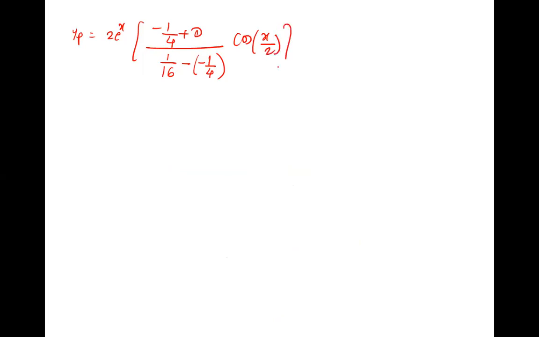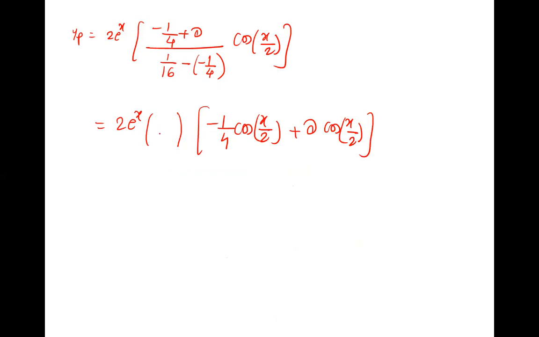Let's see how much the term comes to: 1 by 16 plus 1 by 4. Write that term here, into minus 1 by 4 cos x by 2 plus D of cos x by 2.